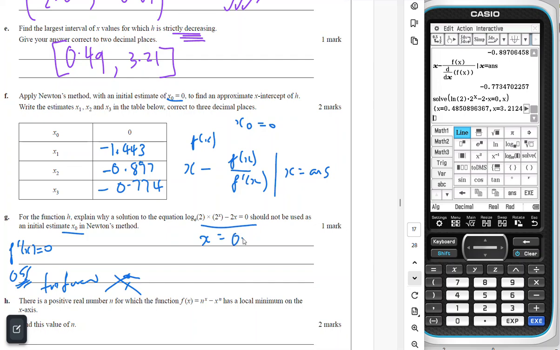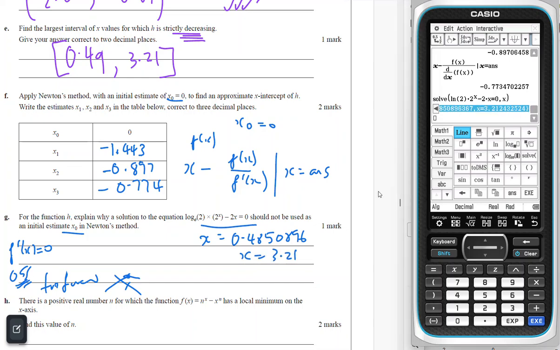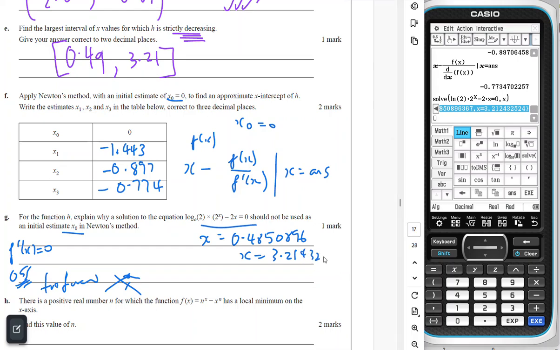x equals 0.4850896, or x equals 3.214325. Now, these two numbers are the endpoints of our strictly decreasing interval, which means that the graph has a maximum.